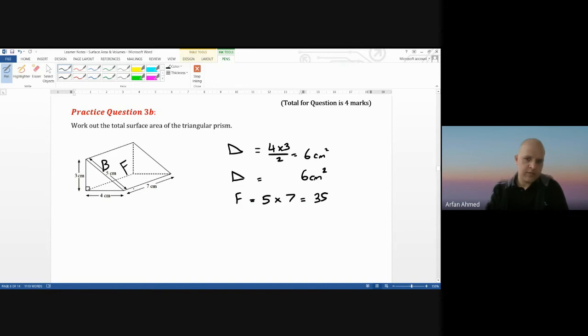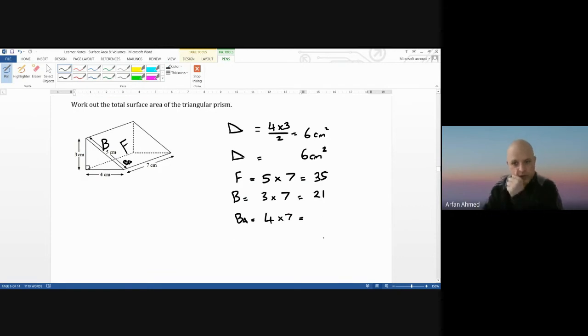That's going to be 3 times 7, which is 21. And the base, let's call that the base, like that, which is 4 times 7. Yeah, so they're all different, apart from the triangles. Just be careful with this one. Is that 5? 1, 2, 3, 4, 5. Yeah. Add all these together.